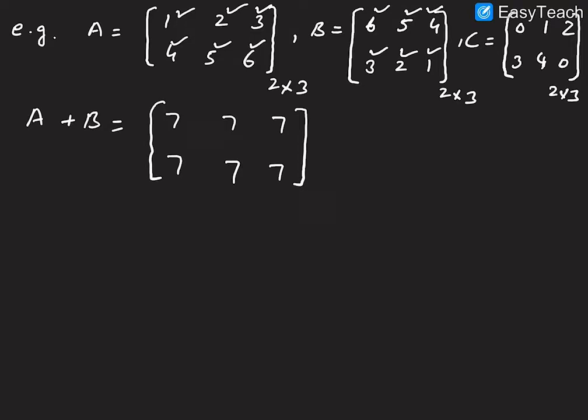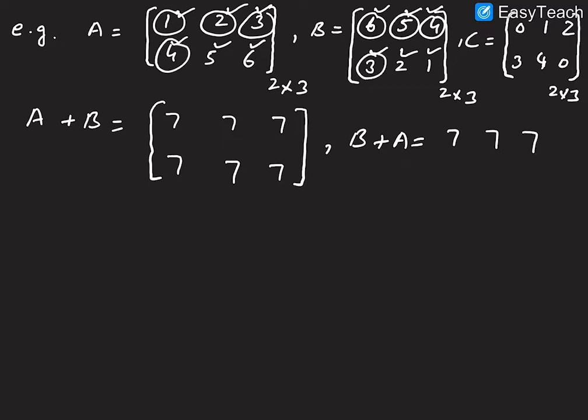If you do B plus A, what will you get? Let me write here. B plus A means 6 plus 1 is 7, 5 plus 2 is 7, 4 plus 3 is 7, 3 plus 4, 7, 2 plus 5, 7, and 1 plus 6 also 7.